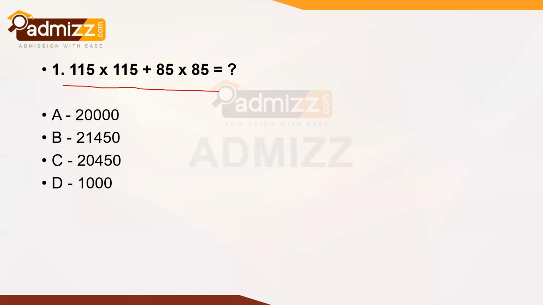Yep, absolutely. The correct answer is C in this case, right? So what we can do in this case is we can write this as 100 plus 15 whole squared, because 115 times 115 can be written in this form. And we can write 85 into 85 as 100 minus 15 whole squared.